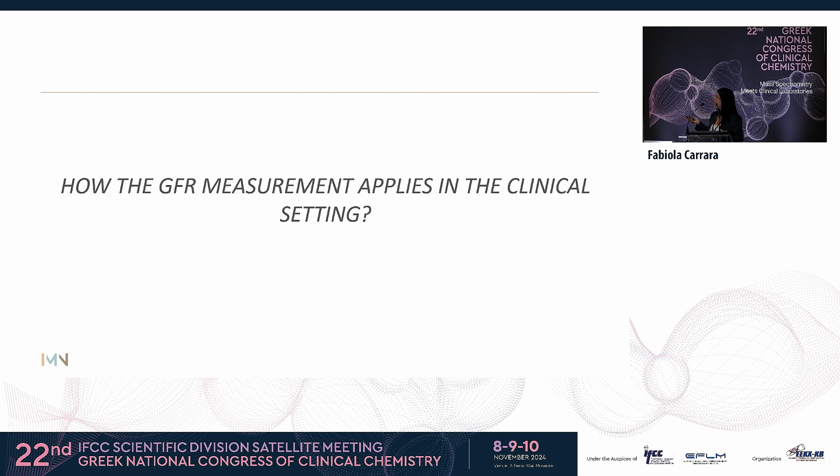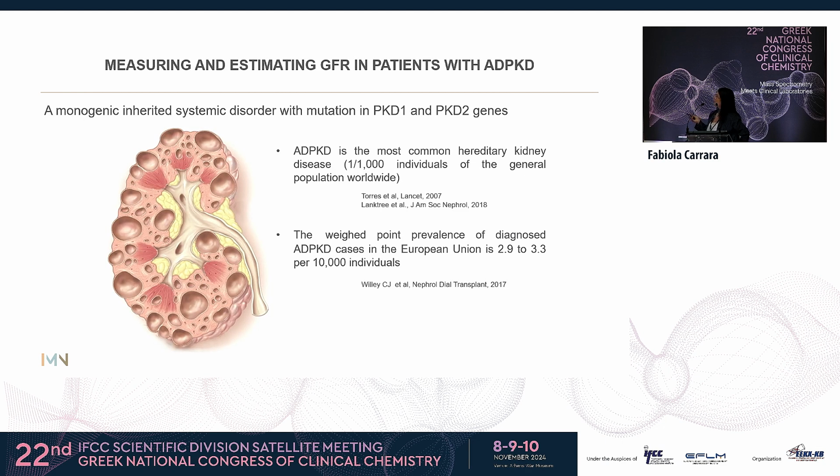Now, we can see an example of how the GFR measurement applies in clinical settings. This is an example in a genetic disease, autosomal dominant polycystic kidney disease. This disease is caused by mutations in the genes PKD1 and PKD2, which codify for a protein, polycystin.